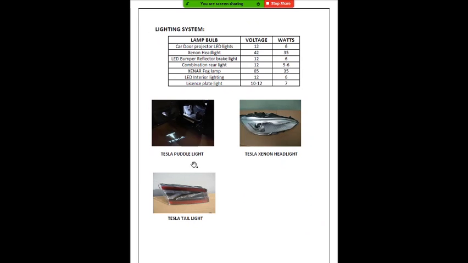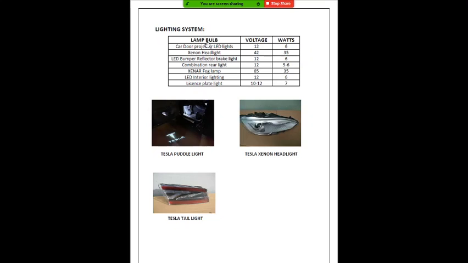These are the lights which are used in the Tesla Model S. Basically, these are the loads which are used in the electric vehicle.